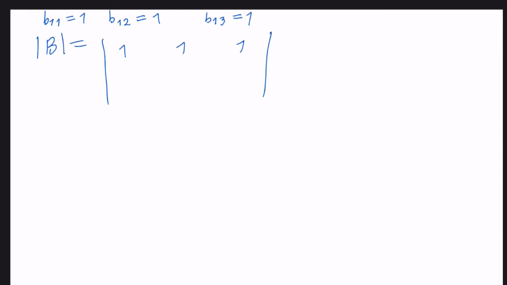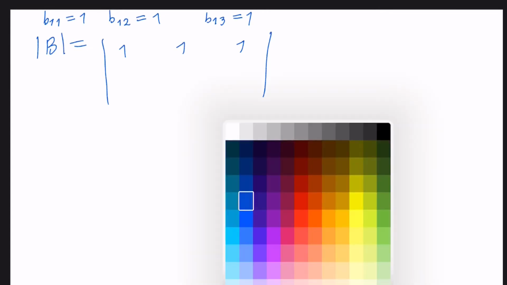Now we have to complete the terms B21, B22, B23, B31, B32, B33. In this case we will try to obtain the form that will help us get the determinant equal to 3. But in advance we will see it's not so easy, even not possible, as we will check.